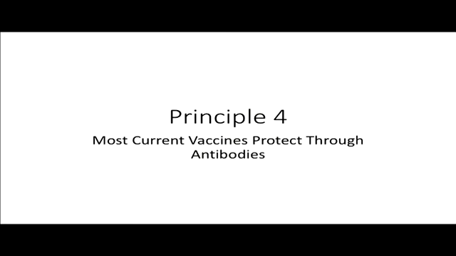So this fourth principle is that most current vaccines, and particularly our EPI vaccines, MMR, for example, work by eliciting antibodies that are neutralizing for the virus. And to a large extent, that's because we've been able to do this because it's relatively easy.